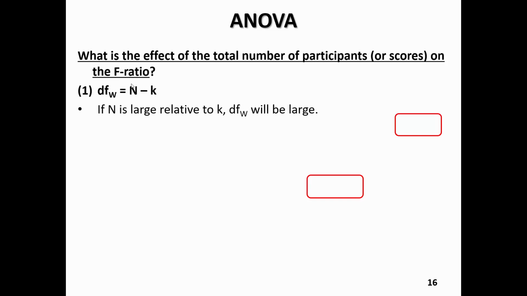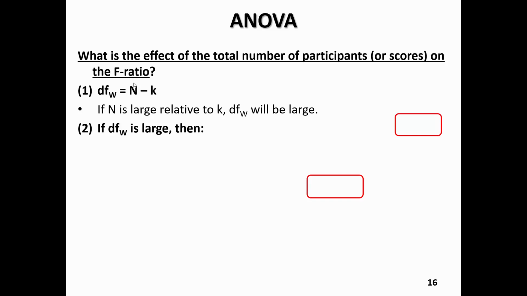So if we have a fairly large sample size relative to the number of groups, then we're going to have a big degrees of freedom for the within term. If n is much larger than k, and our n is 35 and our k was 5, that's a fair size difference.